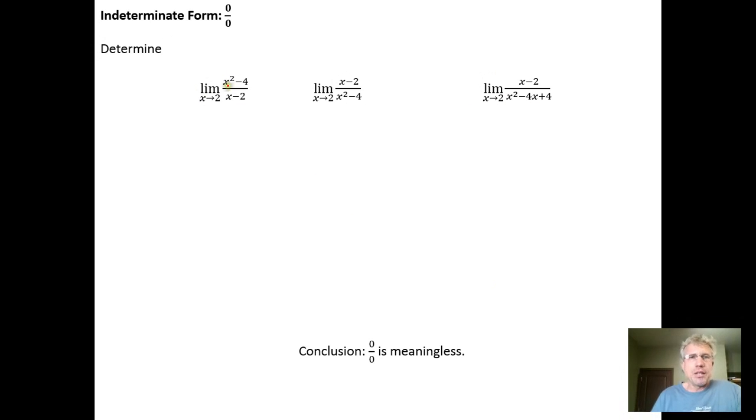In this particular case, each of these limits, if you were to try to plug 2 in, you'll get a division by 0, which is undefined, so you can't plug 2 in. The other thing that you want to notice is that if you plug 2 into the numerator and denominator, you wind up with the 0 over 0 form. 2 squared is 4, minus 4 is 0, over 2 minus 2 is 0.